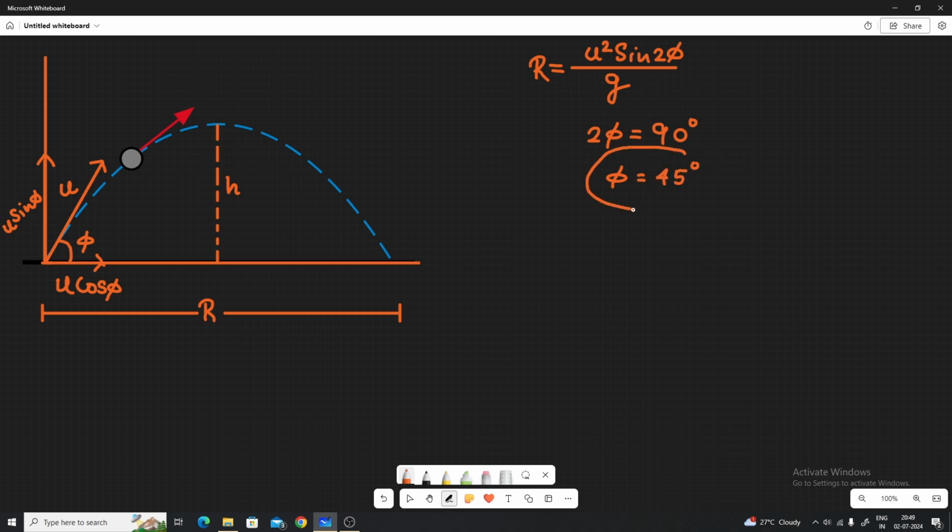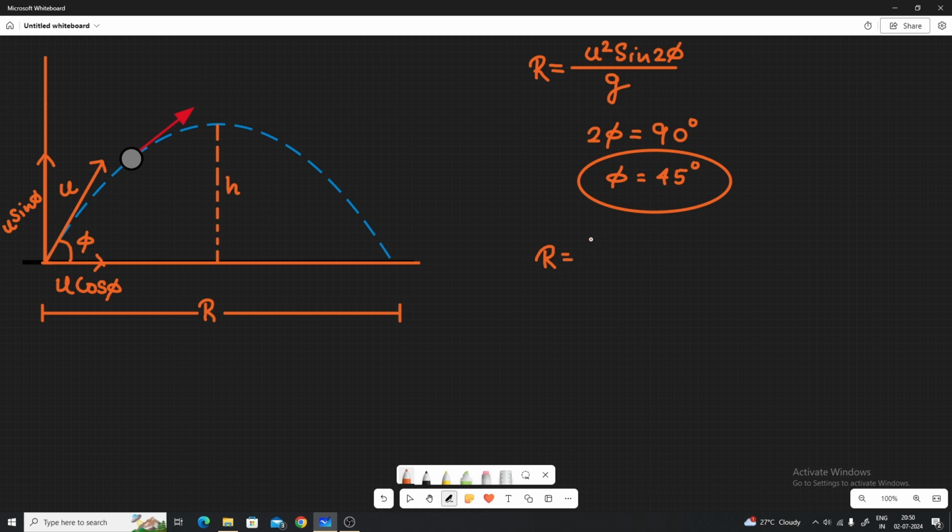So if you throw a particular projectile with a 45 degree angle, then with that initial velocity you will get the maximum range. That is the maximum range for a projectile. Now if you place this value in that equation, then what you will get?